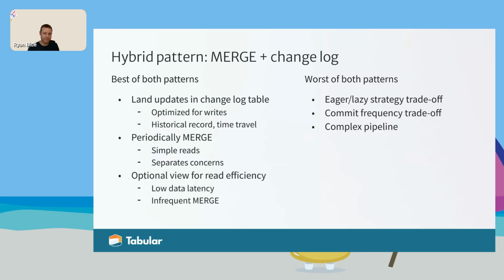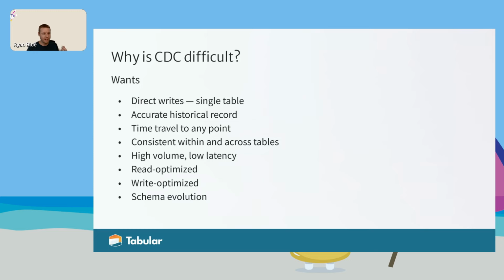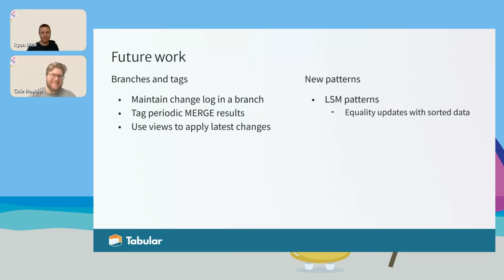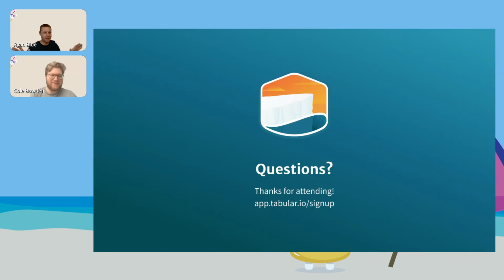So you do have to do a bit more work, but it gives you all of the properties that we actually want. And I think that that's extremely important. The accurate historical record and time travel, and especially consistency across tables, absolutely something you want. All right. I think we're going to skip future work because I am coming up on time.